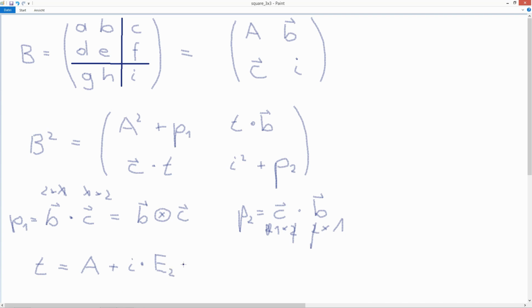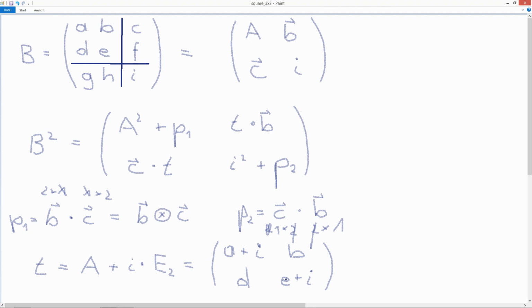So the matrix T is equal to A plus I, B, D and E plus I. So to calculate the matrix T, just have to add the scalar I to these two entries.